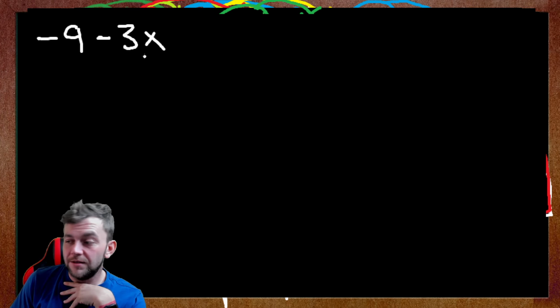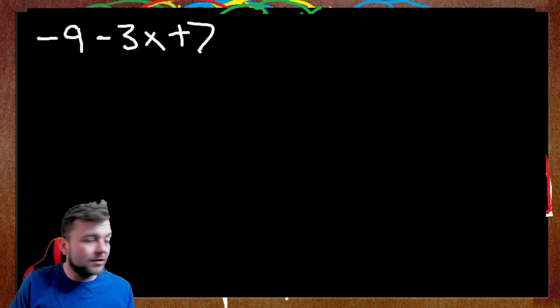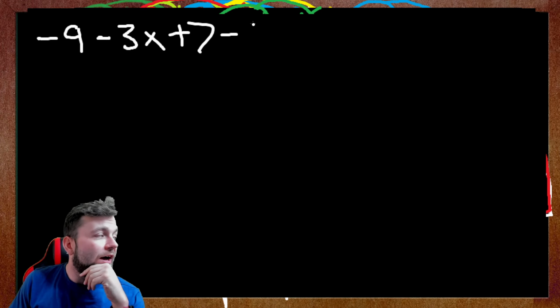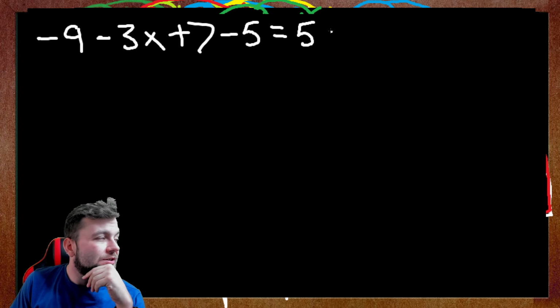Our next problem is, let's go with this one. Negative 9 minus 3x plus 7 minus 5 equals 5x plus 4.